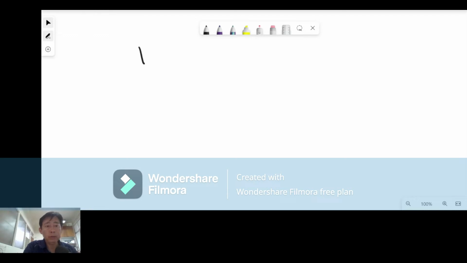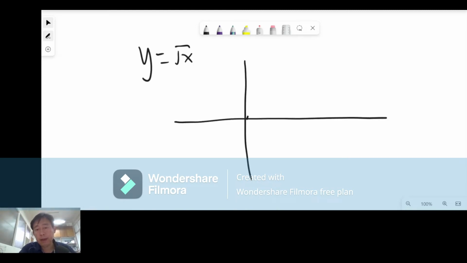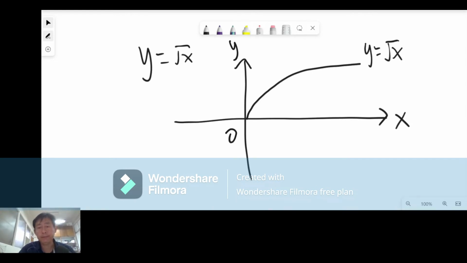Okay, so say we have a square root function, and the square root function looks like this. It is defined only on the non-negative values of the real number, and this is y equals square root of x. So when you compress a function by a factor of 3, for example, here we write the compression factor to be 3.